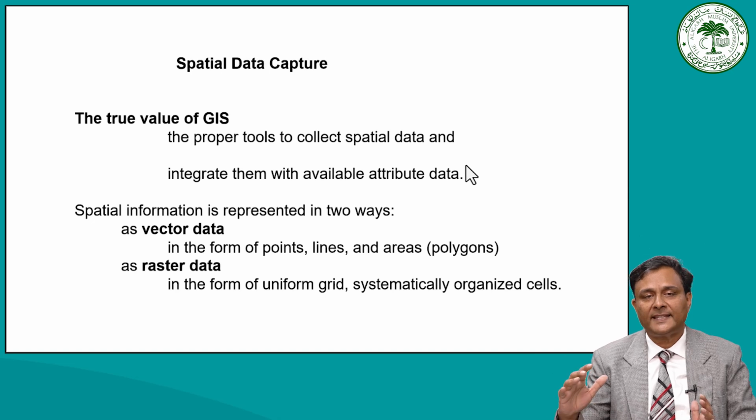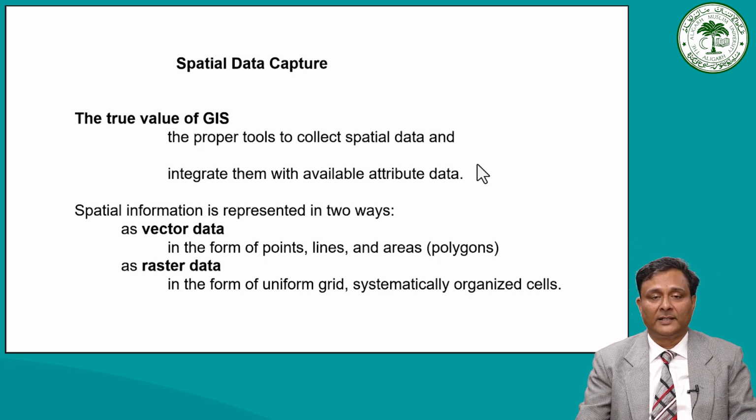That's the basic idea of spatial information science. And as we have said, it can be in vector format, where we have point, line and area in the form of specific coordinates, or raster data, where we use a grid of systematically organized cells.